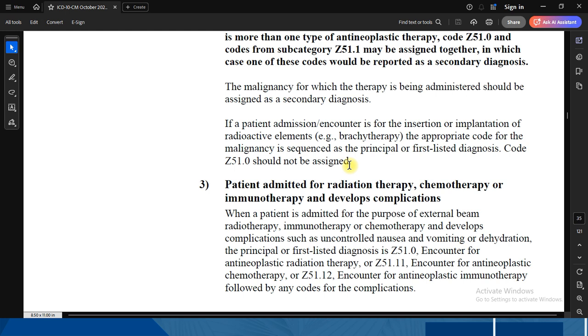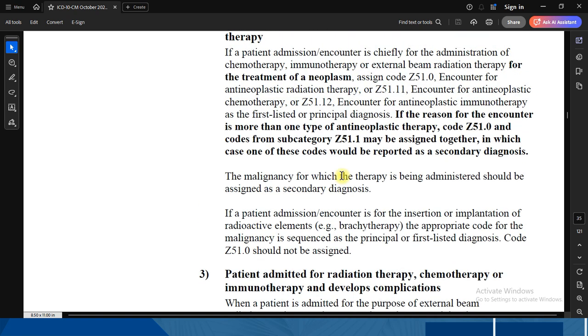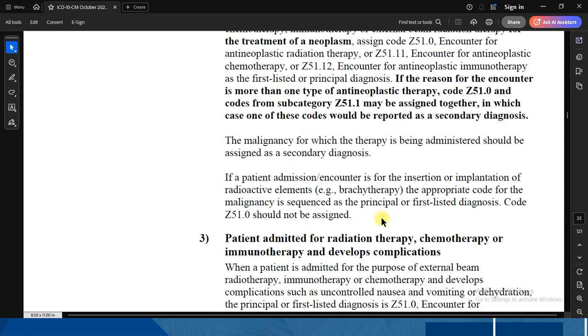For example, the patient is having breast cancer, and today came in for brachytherapy where the physician will implant radioactive elements near the tumor. At that time we need to code the malignancy or breast cancer as the PDX. Here we will not code Z51.0, because Z51.0 is exclusive for antineoplastic radiation therapy. This is brachytherapy, so we can't code Z51.0 as the PDX here.